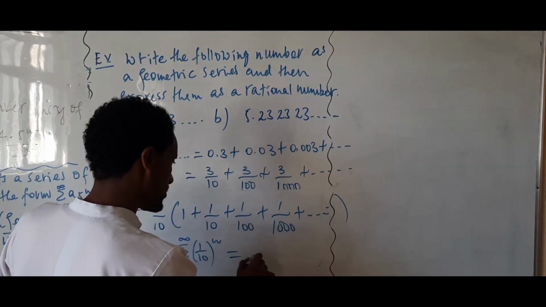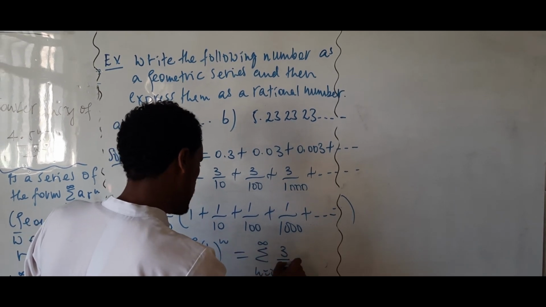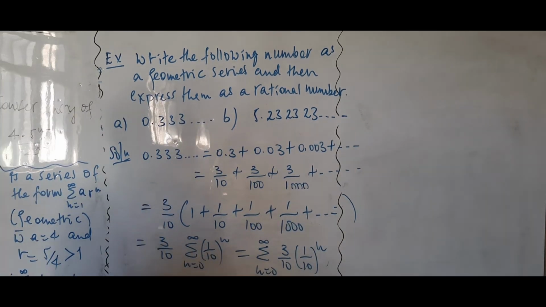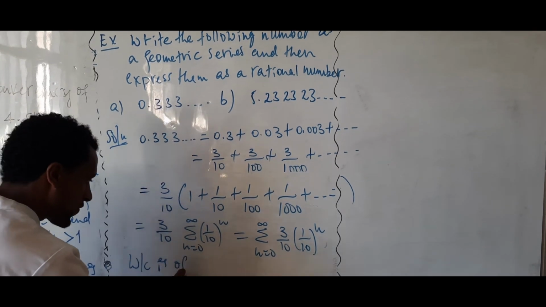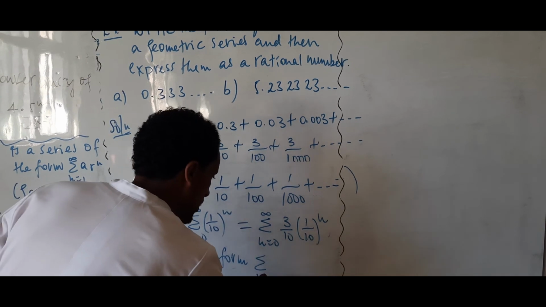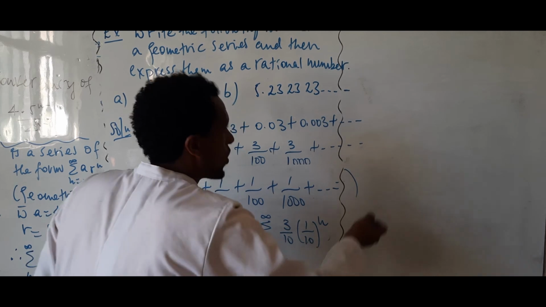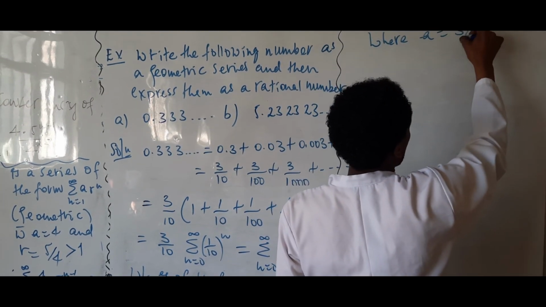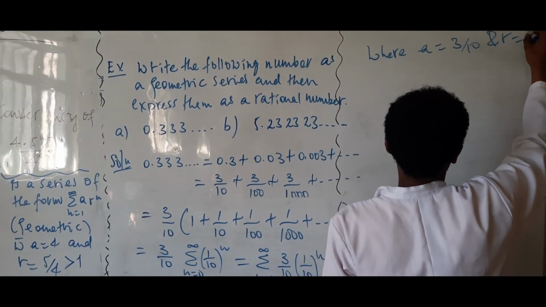That can be written as the sum n from 0 to infinity of 3 over 10 times 1 over 10 to the power of n, which is of the form the sum n from 0 to infinity a times r to the power of n, where a is equal to 3 over 10 and r is equal to 1 over 10.